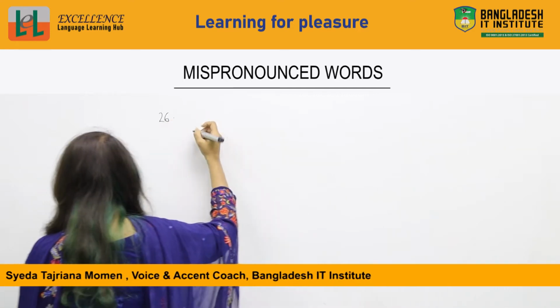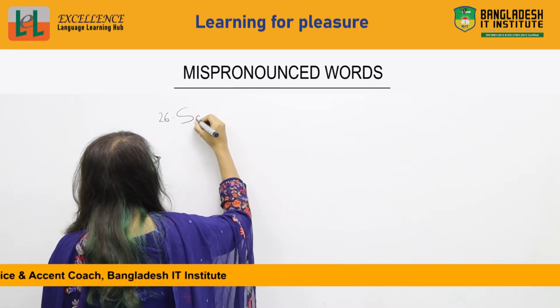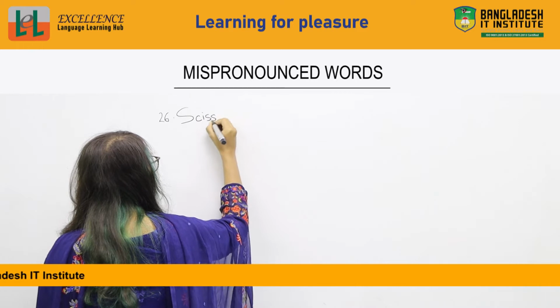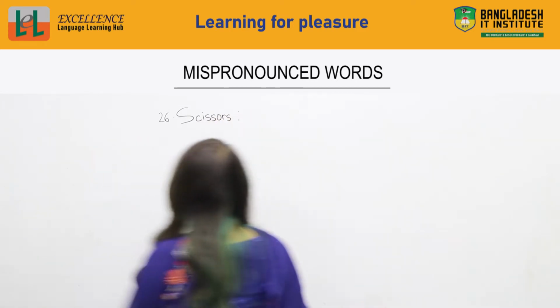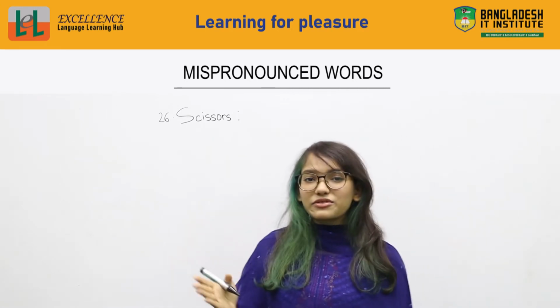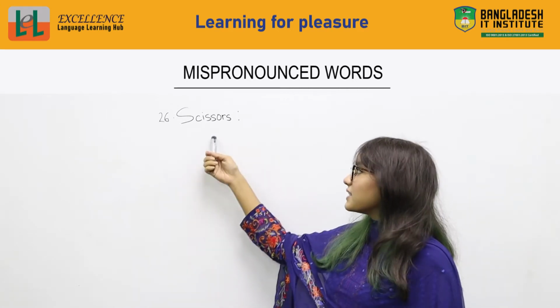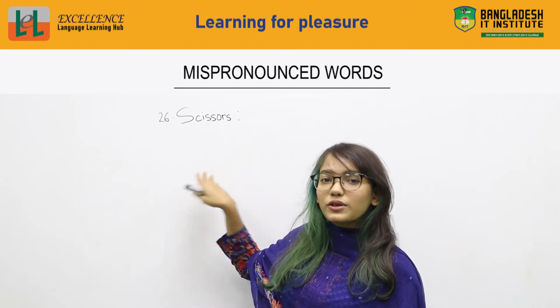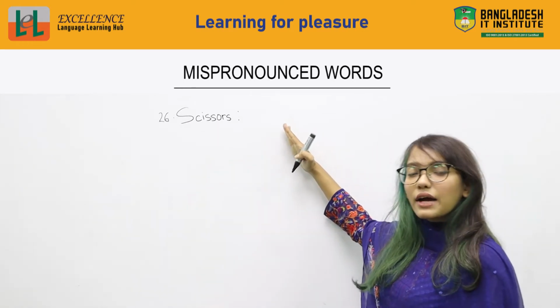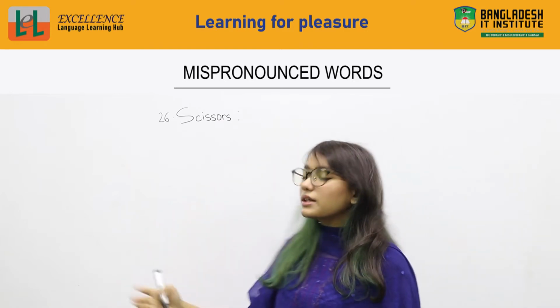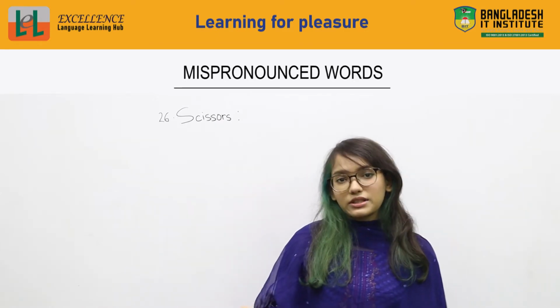26. Okay, from last video we've learned that scissors. I'm going to write the original spelling of the word here, and on this side I will be writing how the pronunciation spelling can be written.